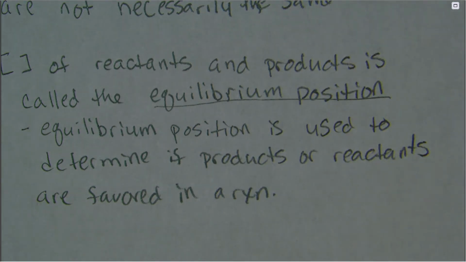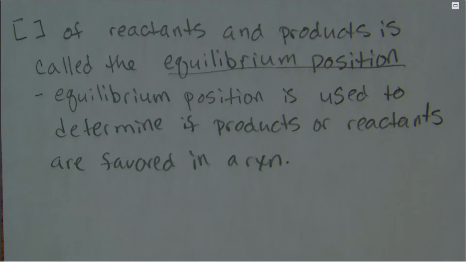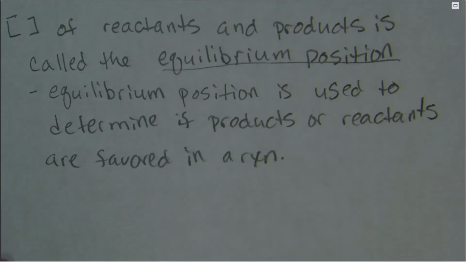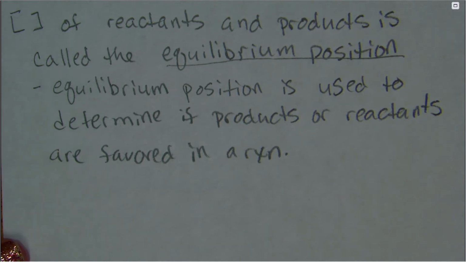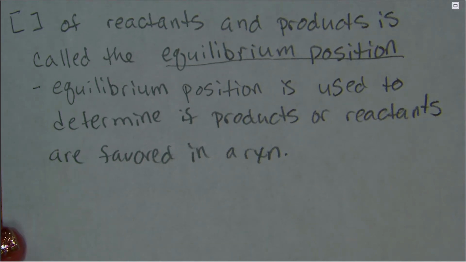So let's take a look at this and dive into it in a little more detail. First of all, let's go back to our chemical equilibrium definition, where we said the forward reaction and reverse reaction are occurring at the same rate.